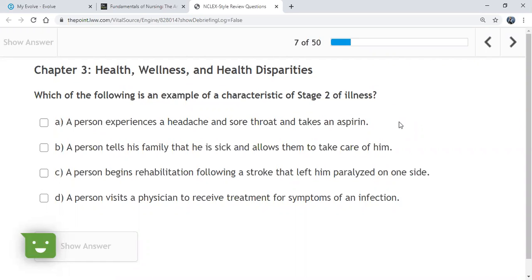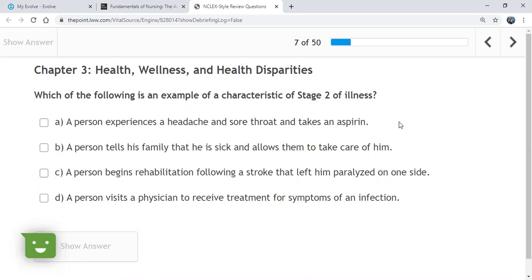So stage 2 is when we what? We acknowledge that we're sick, and we allow people to help us, right? We're not in a dependent role there yet.